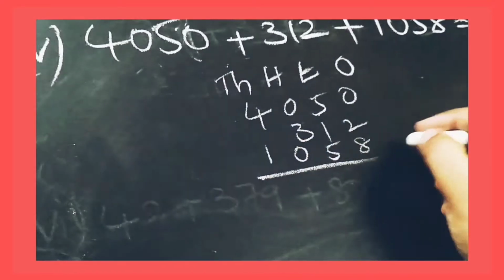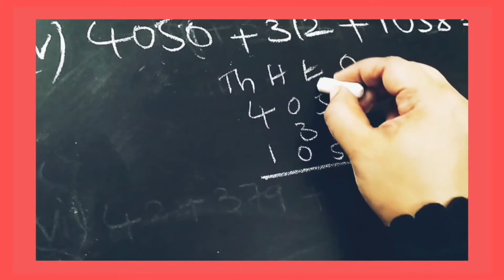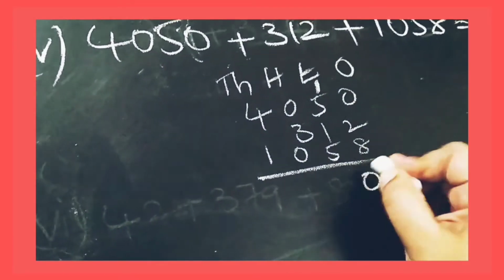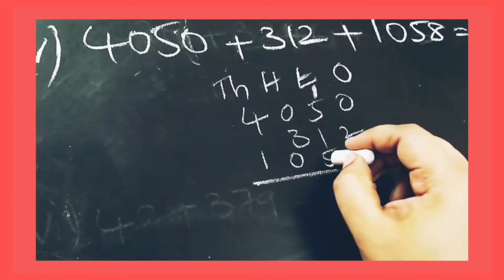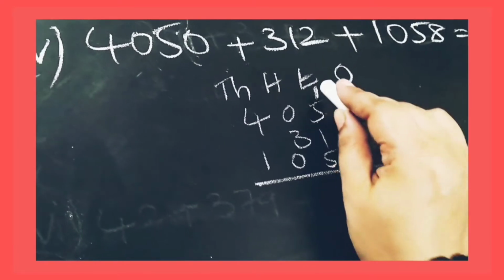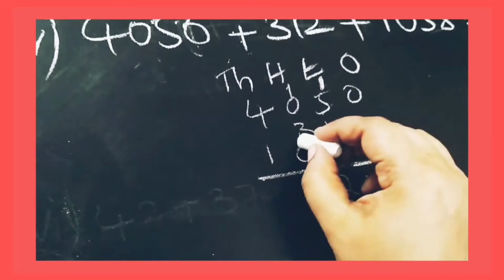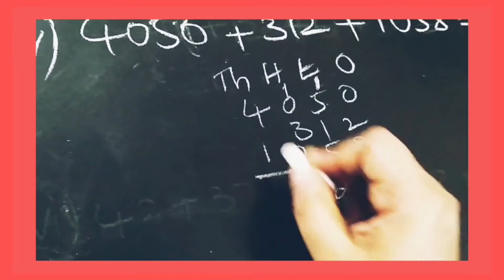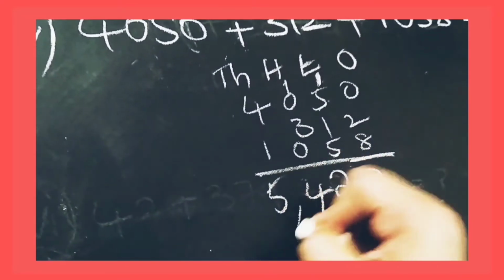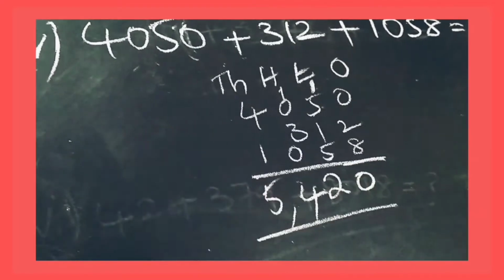So it is 8, 9, 10. It is 5 plus 5 is 10, 11, 12. 3 plus 1 is 4. 4 plus 1 is 5. It is 5420.